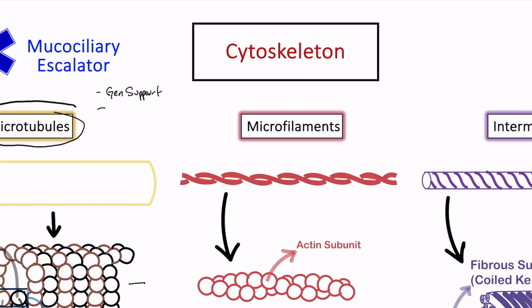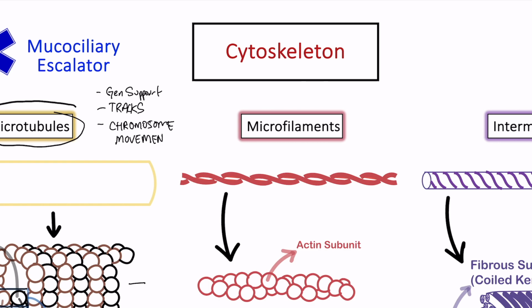Number 2, they serve as tracks along which vesicles and organelles can be transported via motor proteins, say from the ER to the Golgi to the plasma membrane. And then lastly, in chromosome movement. Microtubules are involved in chromosome movement.